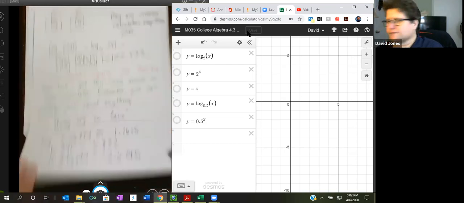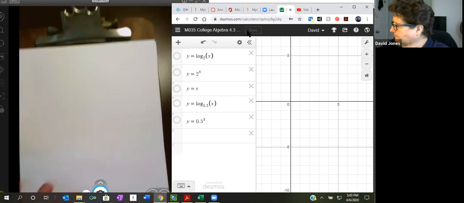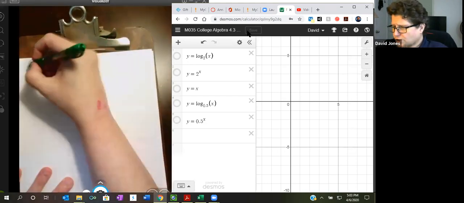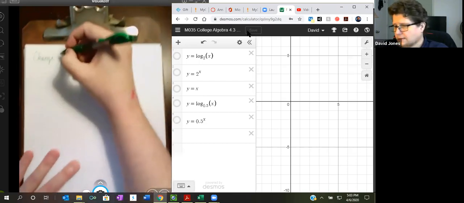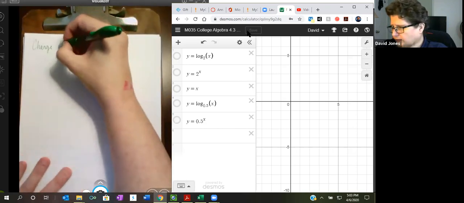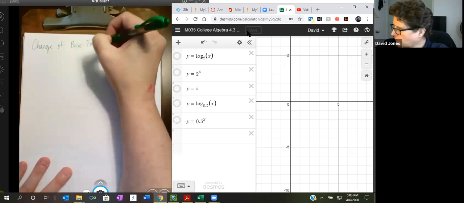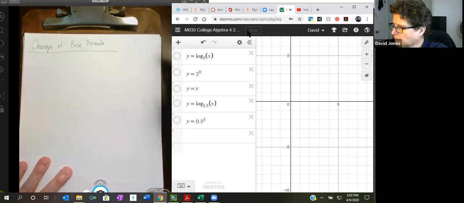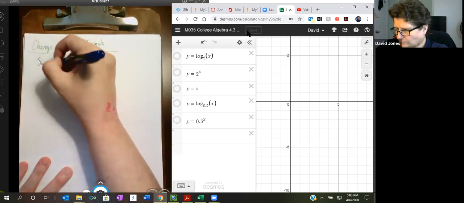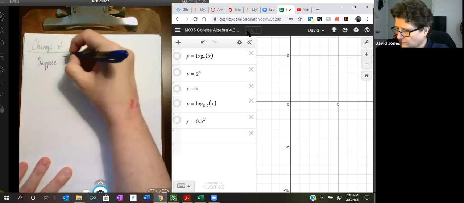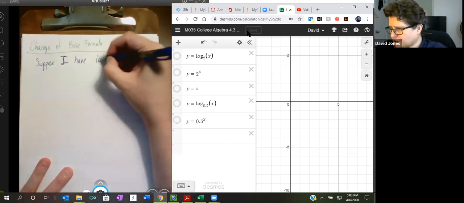Let's take a look at the change of base formula. Suppose I have log base 2 of 5.